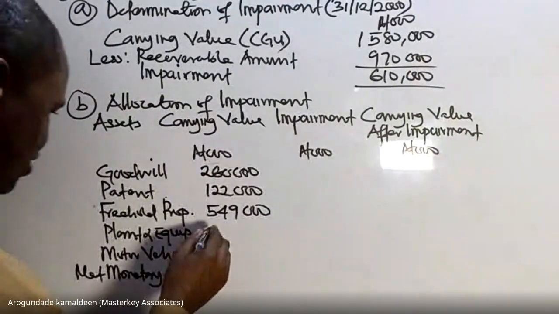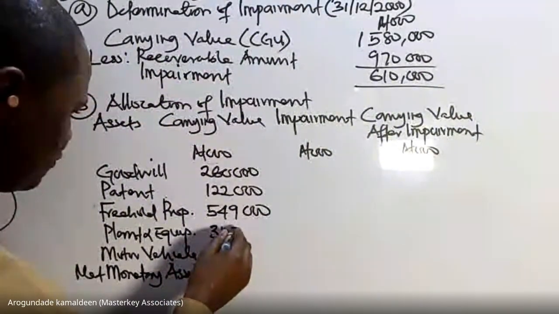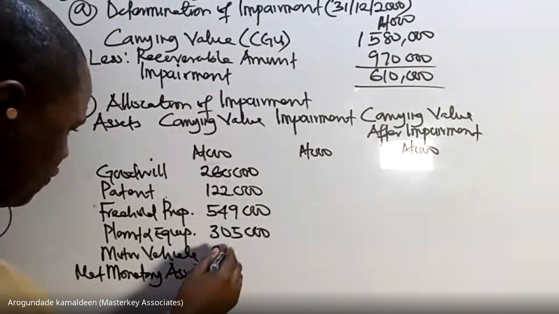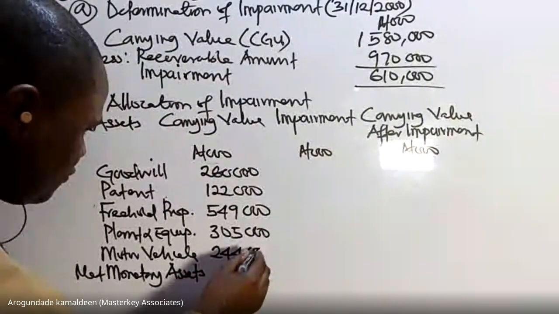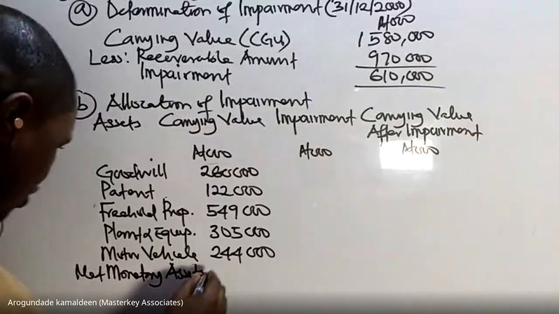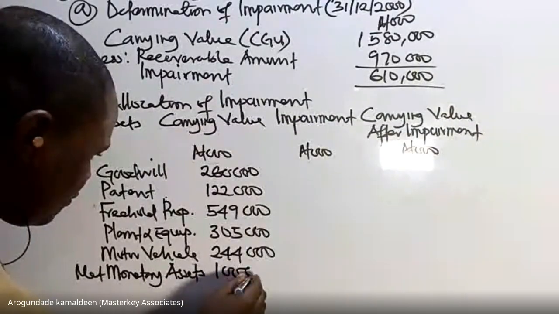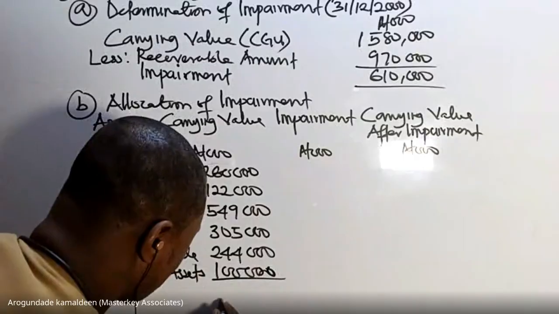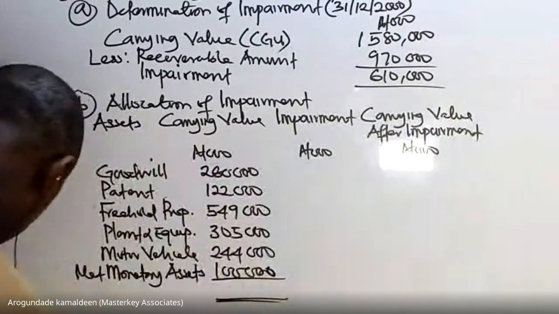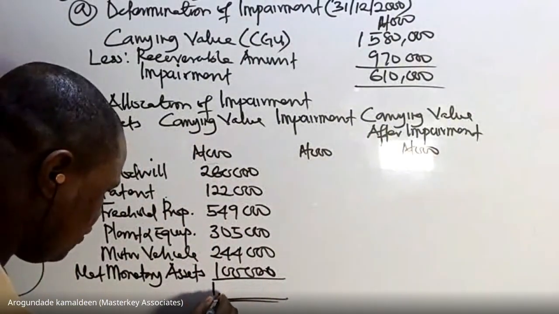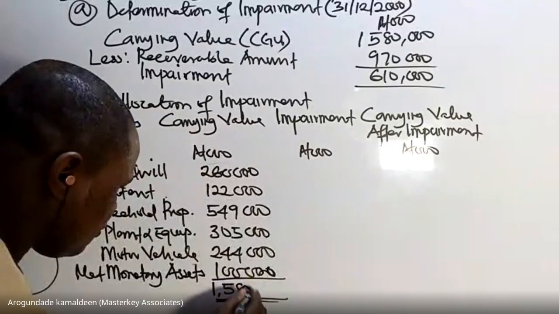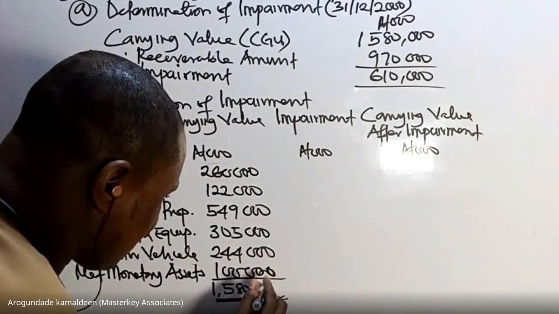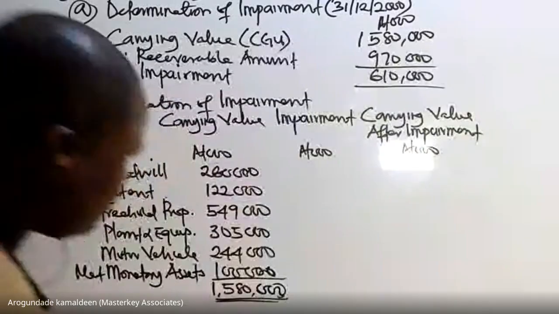P and E is 305. Motor vehicle is 244. Here you have 100. If you add, you have here 1 million. This is the initial carrying value.